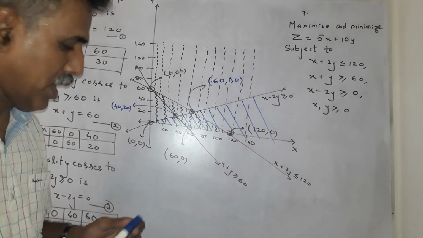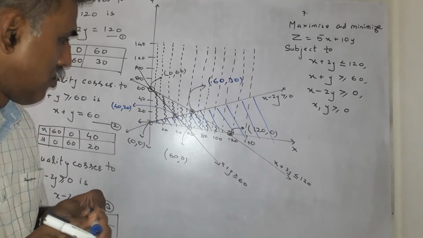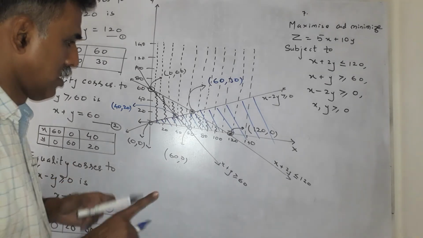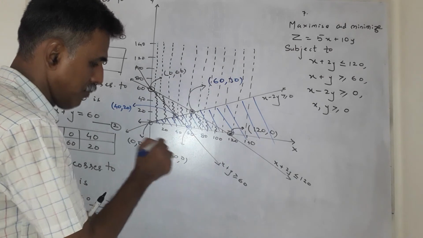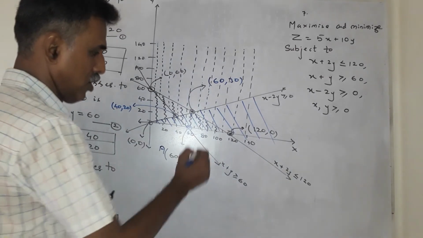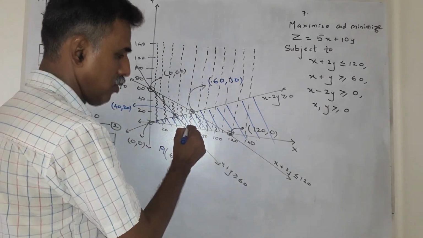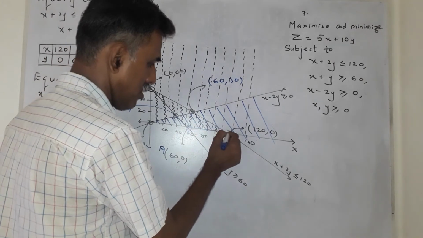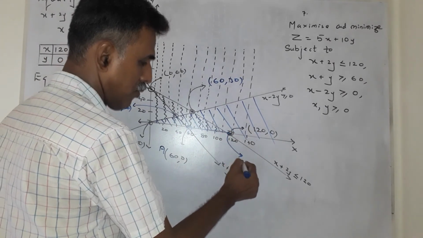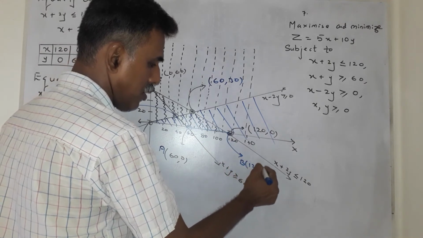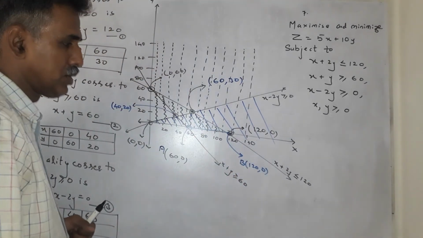If you look at this properly, it starts from here. Let this point be A, 60, 0. From A, we move along the x-axis till point B, 120, 0.